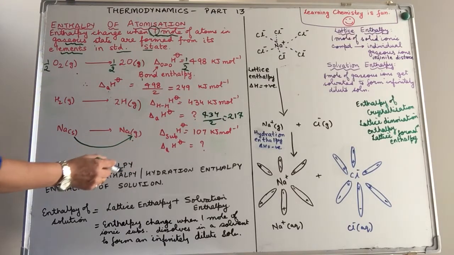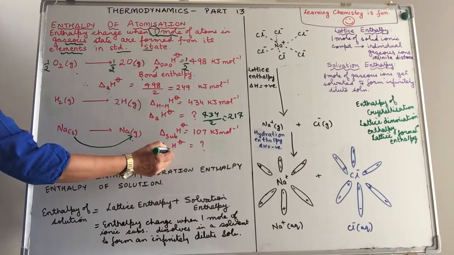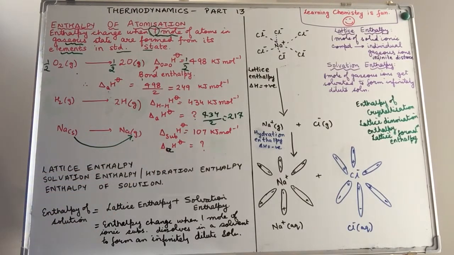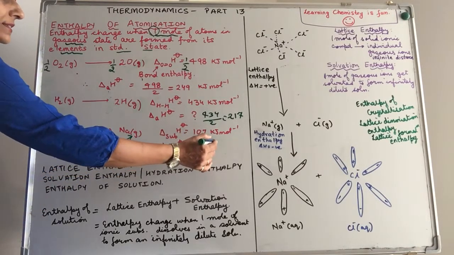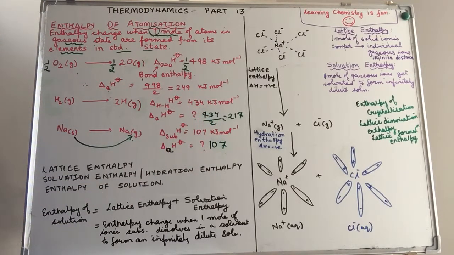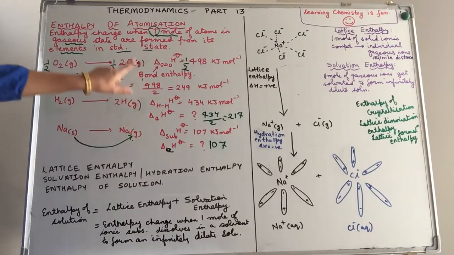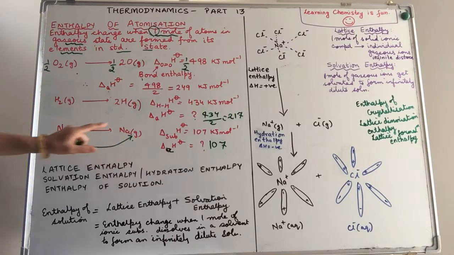So how will you calculate the enthalpy of atomization for sodium? Will you divide by 2, 3 or what? Yes, it will be the same 107 kilojoule per mole, because here we are talking about 1 mole only. We don't have to divide by 2.